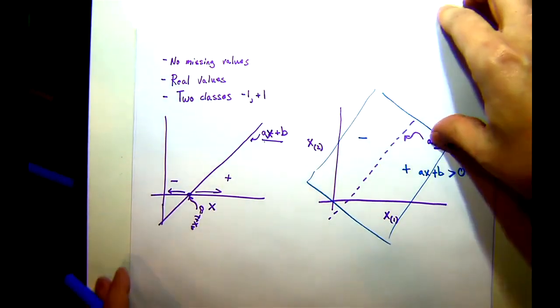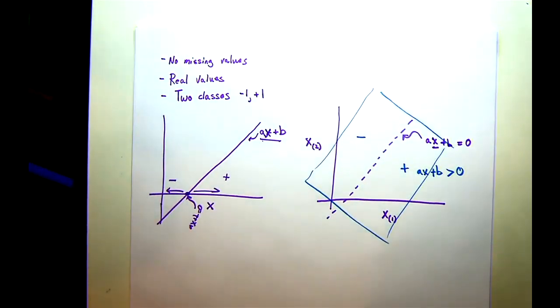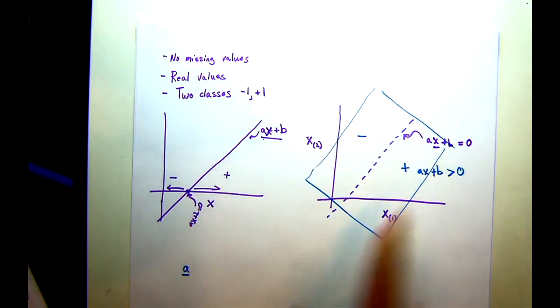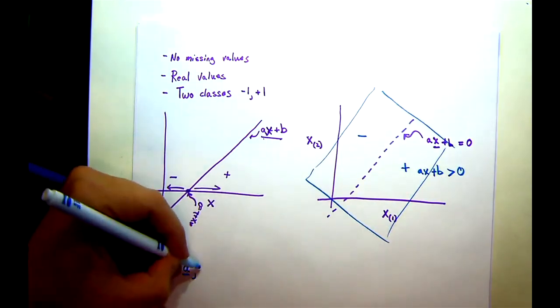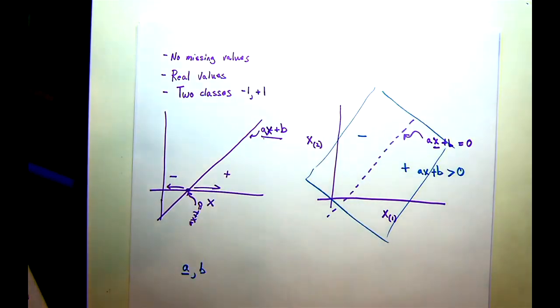All right, so like I said, we're going to come up with some a, which is a vector the size of the feature space, and some b, which is sort of our intercept to allow us to move the thing around.